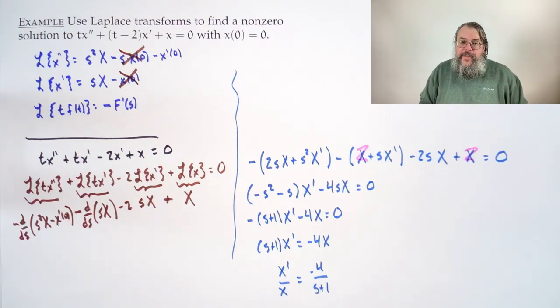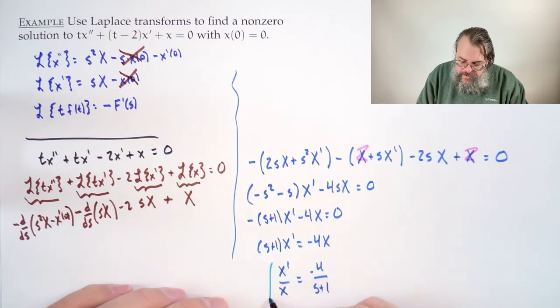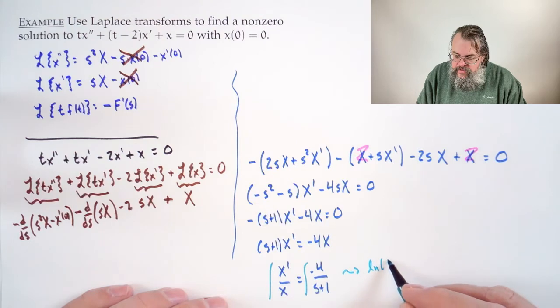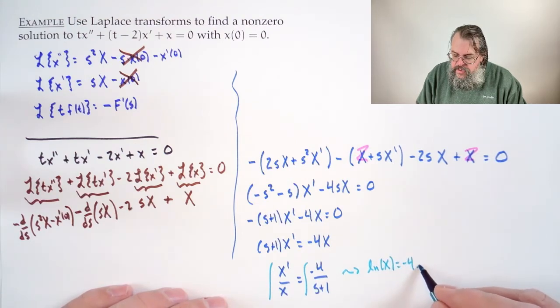Well, we solve this. Now, we actually kind of are on the track, right? We're in our separable mindset. So we've actually just separated, so if you integrate both sides, this tells us that natural log of x is equal to minus 4 natural log of s plus 1.